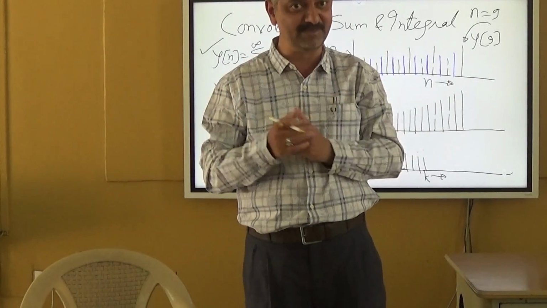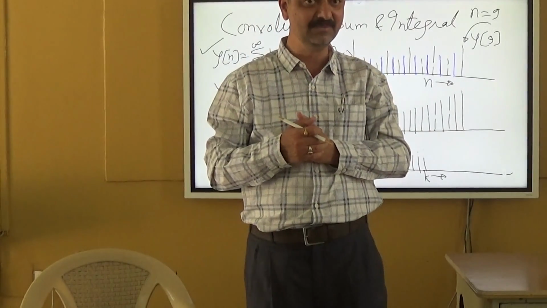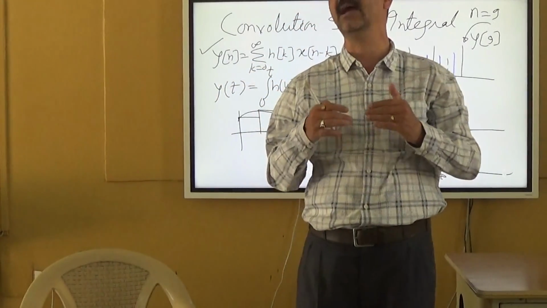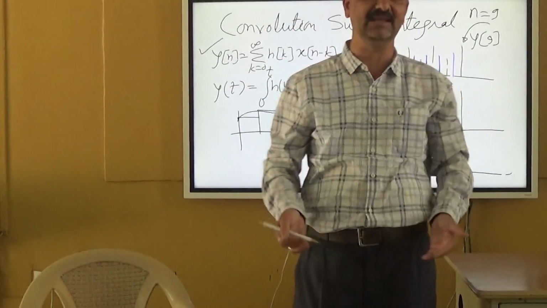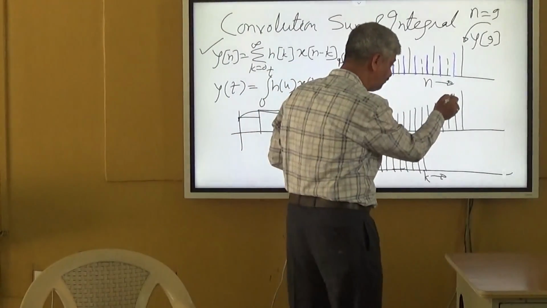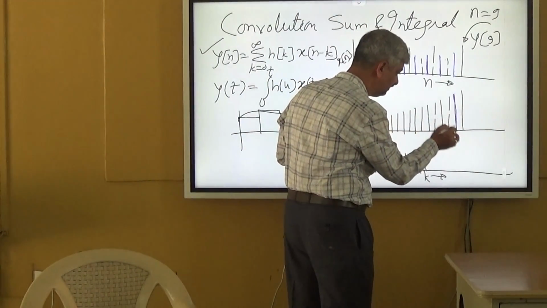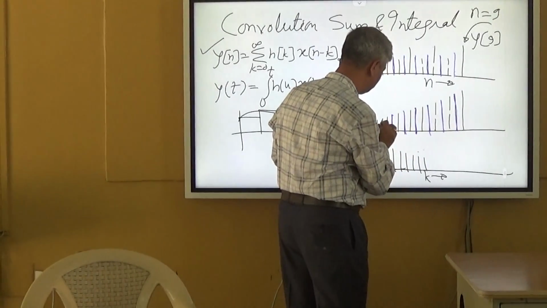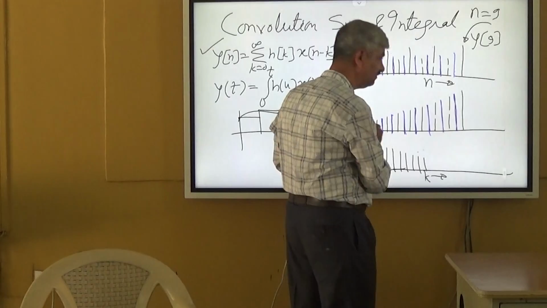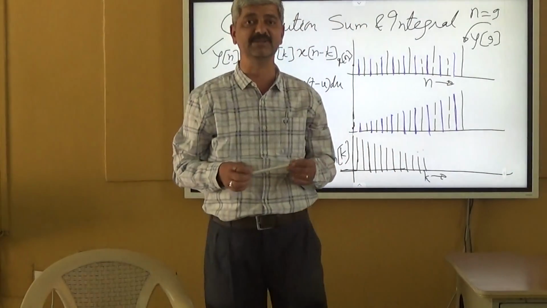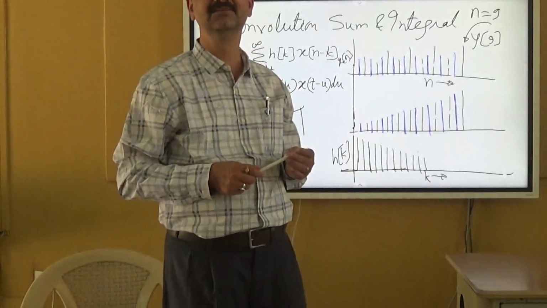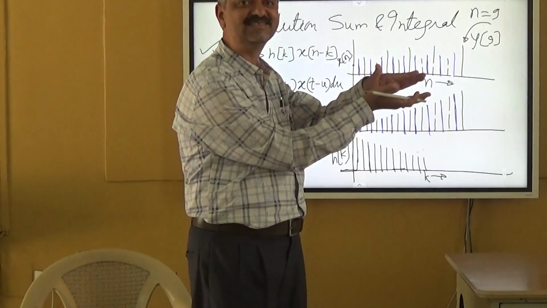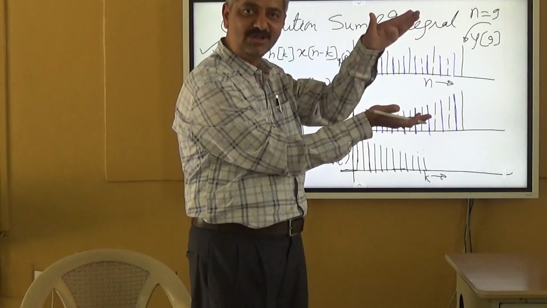Is it, should it happen? No. What should happen then? When I double the sampling rate, when these violet terms are added here, what should happen is that overall it should decrease. Overall it should decrease.